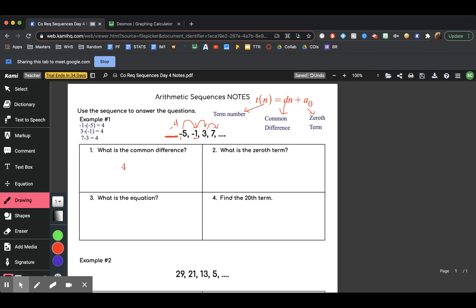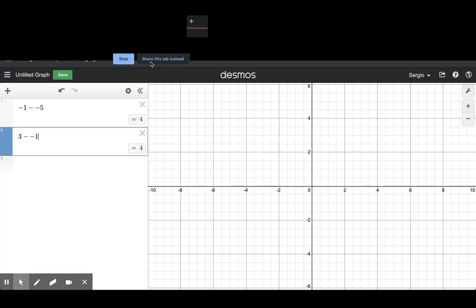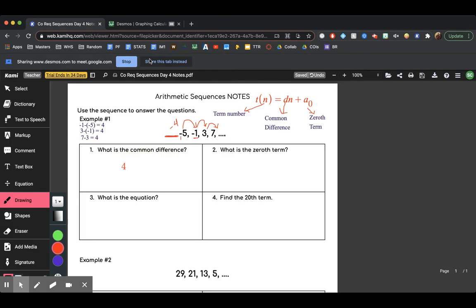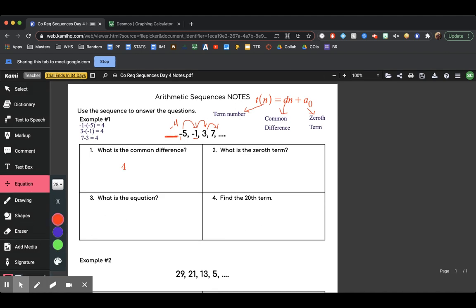So -5 minus 4. And I can go to my decimals and put -5 minus 4, and that gives me -9, which tells me that that is my zeroth term. Okay, so that's what I'm going to put here. My zeroth term is -9.